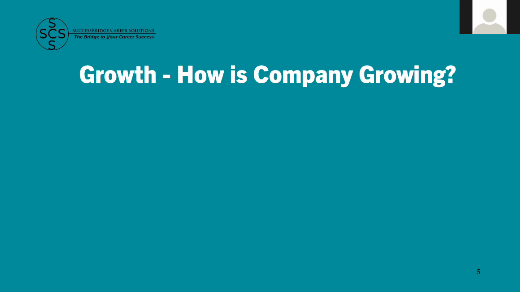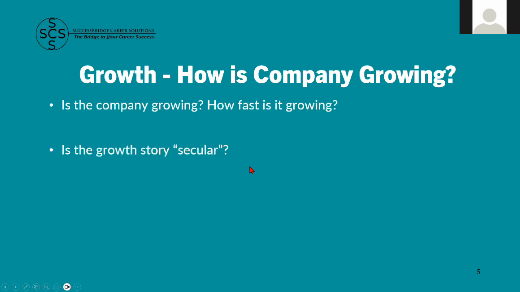So the question that begets to be answered is how fast is the company growing? Is the growth story secular? That means, does the company maintain its growth even in times of adverse business cycle? Of course, when the business cycle is good, we expect that the company will do well and will have a good growth trajectory.